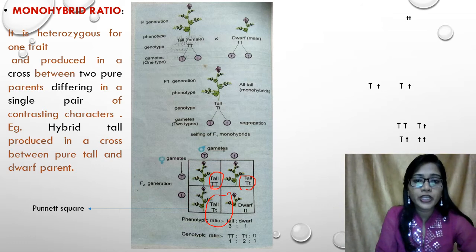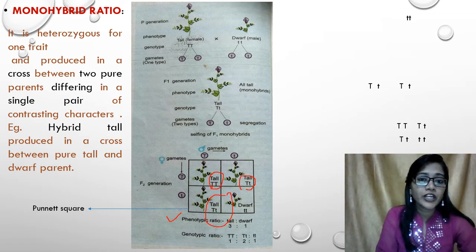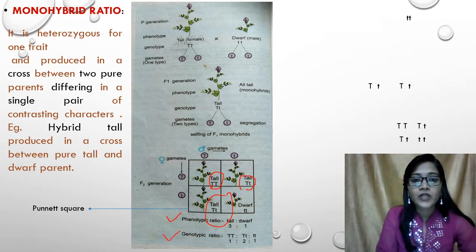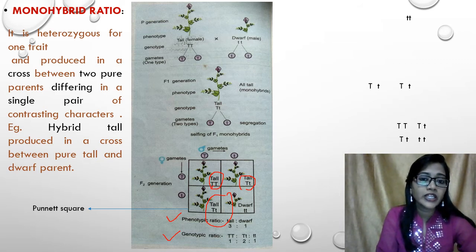So the phenotypic ratio is 3 tall plants to 1 dwarf plant, 3:1. The genotypic ratio is 1 capital T capital T, 2 capital T small t, and 1 small t small t.